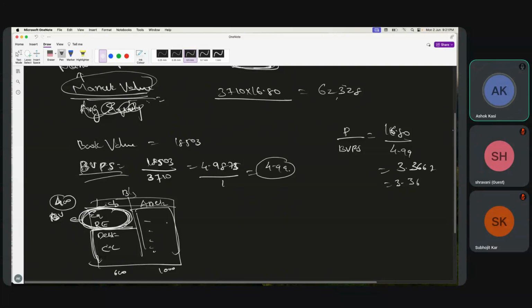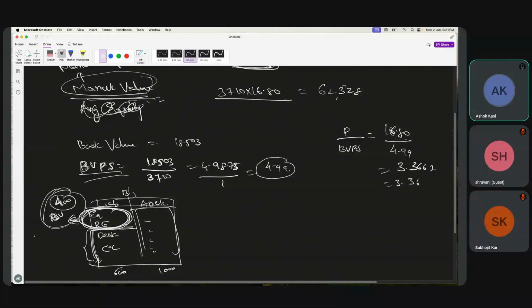Because the understanding is, even if the company goes bankrupt today, the assets of the company will be sold, they will get 1,000, and then 600 rupees will be paid to all the debt holders, and the remaining 400 will go to the equity holders. That is called book value. This is the actual net worth of the company, 400. Now this 400, imagine you are one of the shareholders, you would like to know how much will you get.